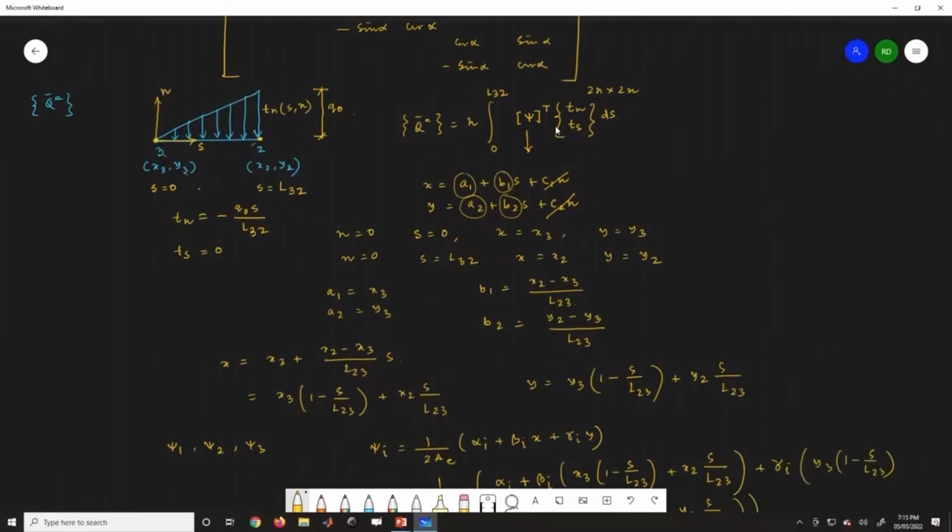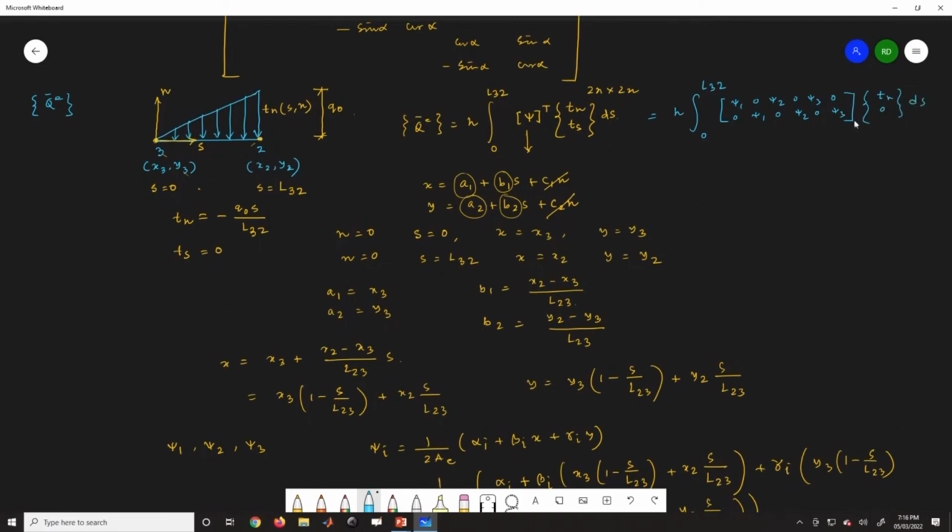To find out this quantity, I multiply psi transpose with Tn and Ts, so I can write now h integral 0 to L32. So psi is basically psi 1 0, psi 2 0, psi 3 0, and then 0 psi 1 0, psi 2, then 0 psi 3. Then this is my Ts is 0, so naturally Tn, and this is my S.